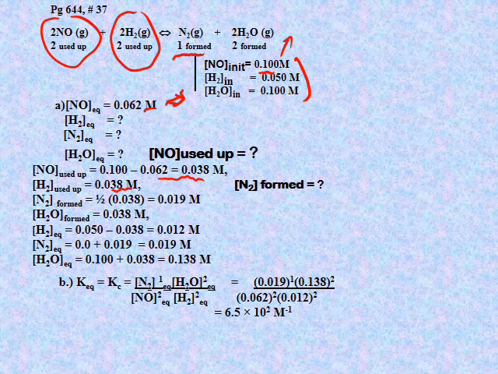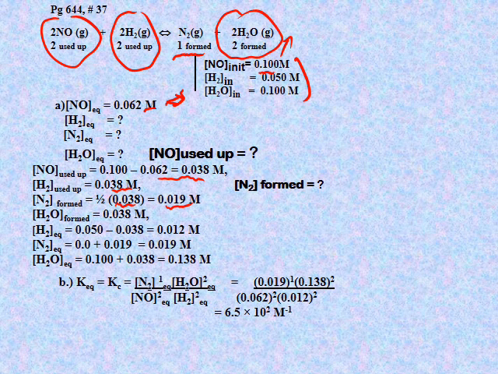So that's why we took 1/2 of 0.038. That gives you 0.019. Moles of H2O formed is the same as moles of hydrogen used up or moles of NO used up. Again, we're looking at all these coefficients, 2, 2, and 2. So now we can write down that H2O formed is 0.038, same as that of hydrogen or NO.